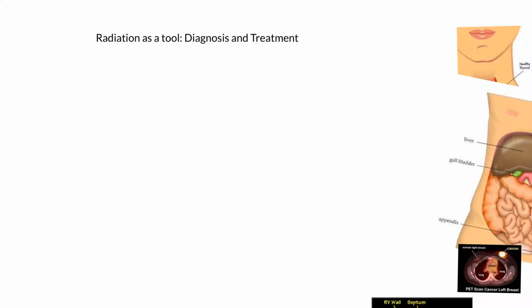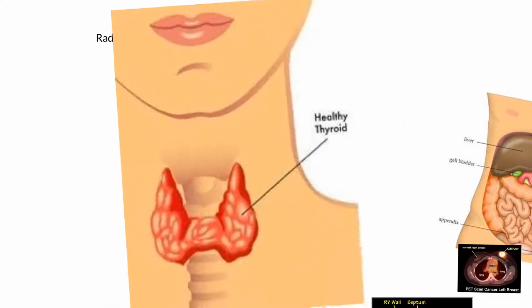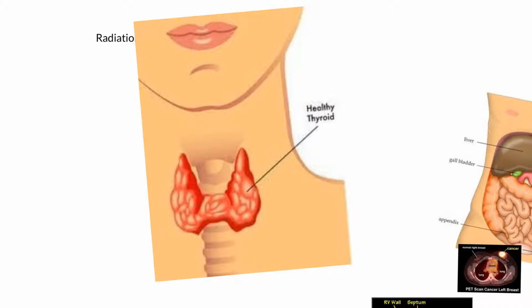Some of the organs we can look at include the thyroid gland, which you can see here. It's difficult to see. We've got the spine behind it, the trachea and other parts in the body.